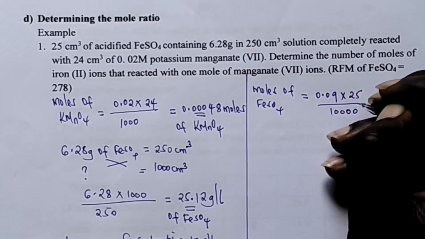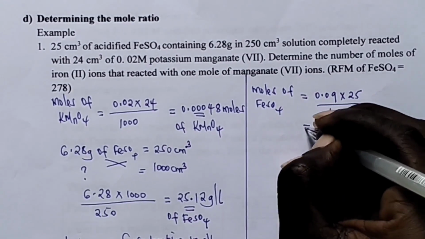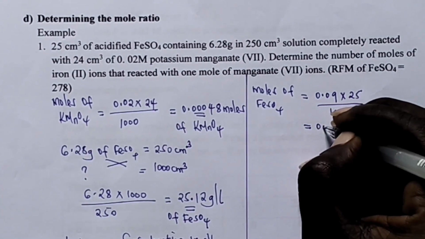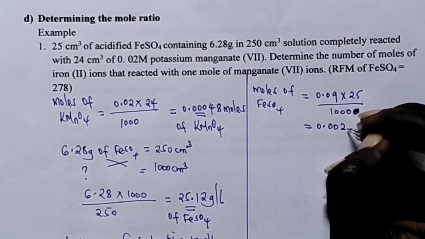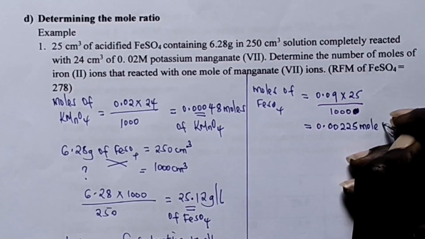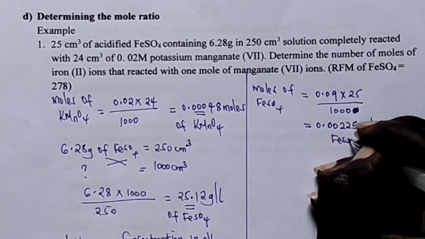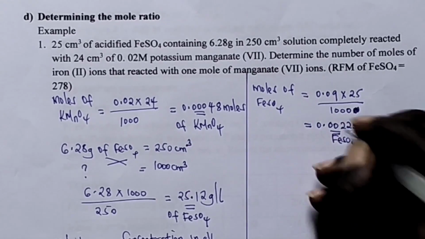So here we are going to get 0.00225 moles of iron 2 sulfate. That's what we are going to get.